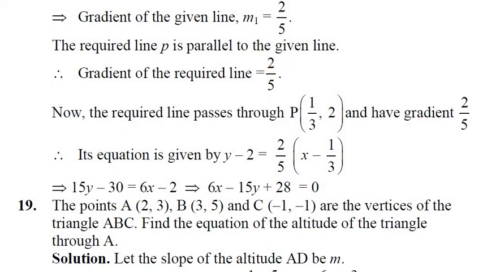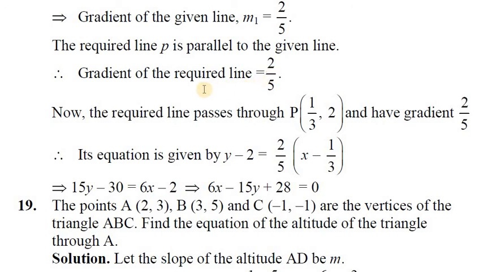Since the required line is parallel to the given line, its slope is definitely the same, because that is the condition of parallelism: the slopes of two parallel lines are equal.